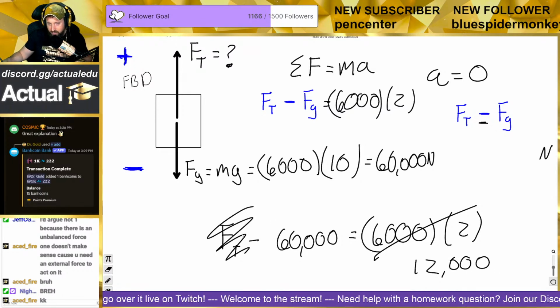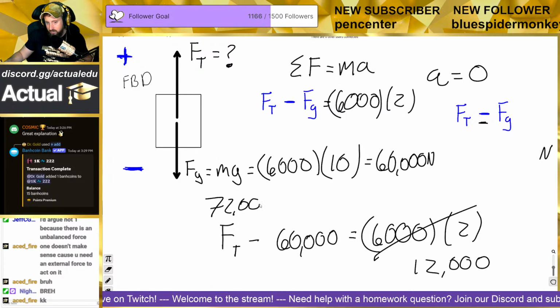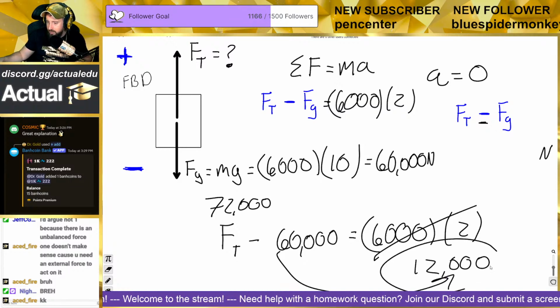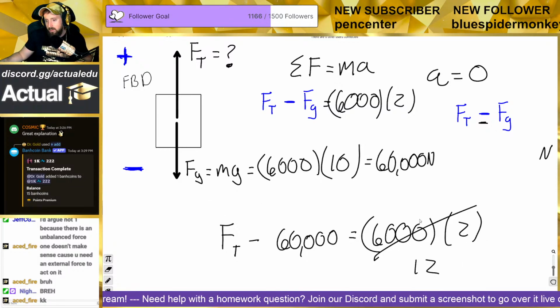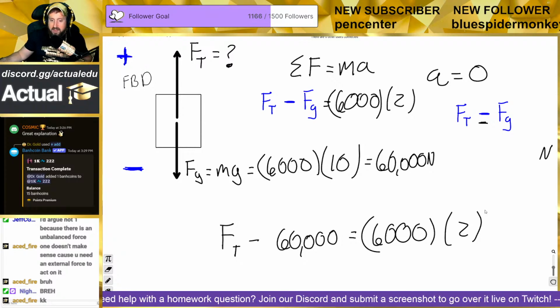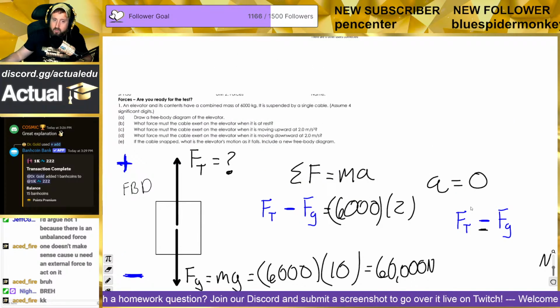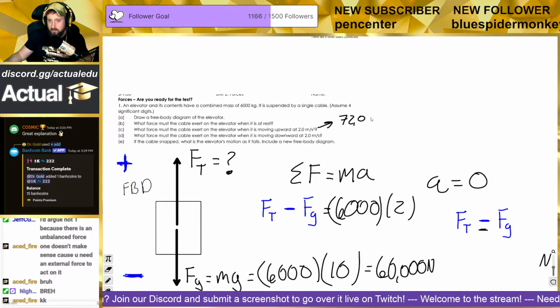So this must be 72,000, because if I add 60,000 over to here, I get 72,000. So in that case, the tension is going to be 72,000 when it's moving upwards, and this is going to be 60,000.